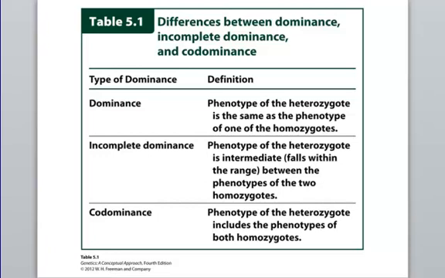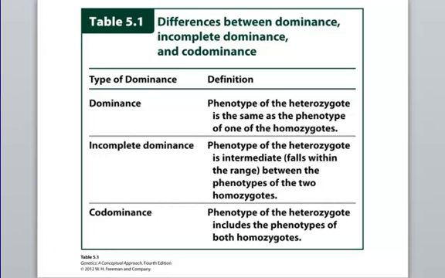Now, in incomplete dominance, the phenotype of the heterozygous is different than in complete dominance. In incomplete dominance, you have a ratio that is 1 to 2 to 1, meaning that 1 will show the phenotype of one of the dominant alleles, and 2 are going to be a new phenotype that is intermediate between the two dominant phenotypes.